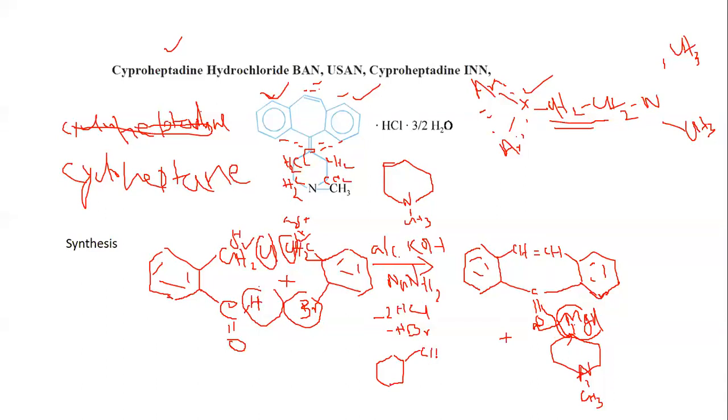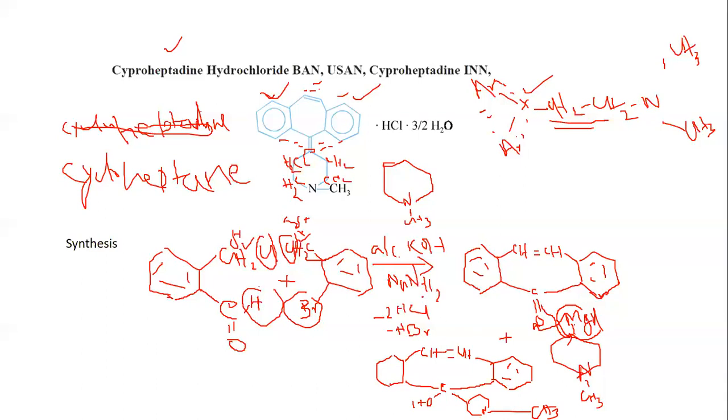Here CH double bond CH, here this carbon, here OH, that is the linkage, and here N-methyl piperidine like this.